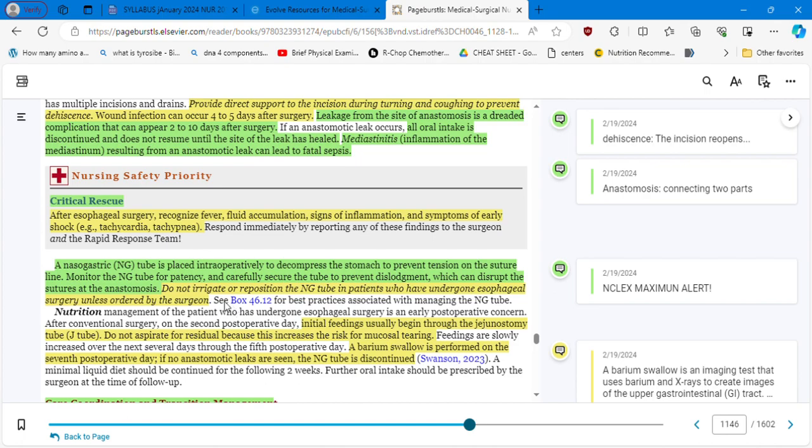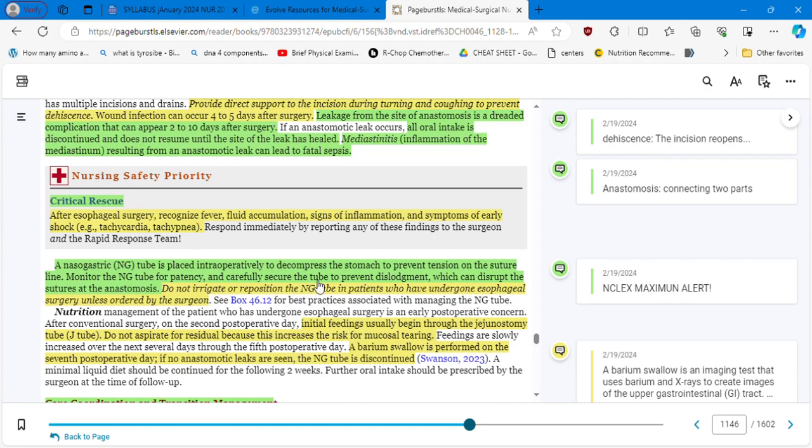A nasogastric tube is placed intraoperatively to decompress the stomach to prevent tension on the suture line. Monitor the NG tube for patency and carefully secure the tube to prevent dislodgement, which can disrupt the sutures at the anastomosis. Do not irrigate or reposition the NG tube in patients who have undergone esophageal surgery unless ordered by the surgeon.